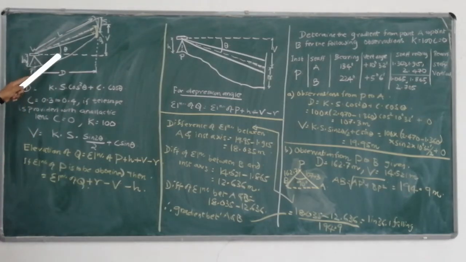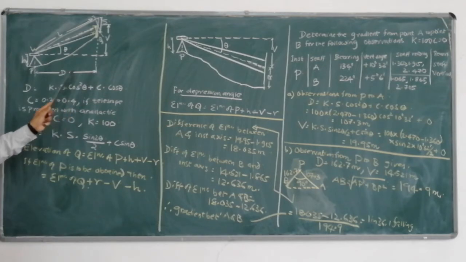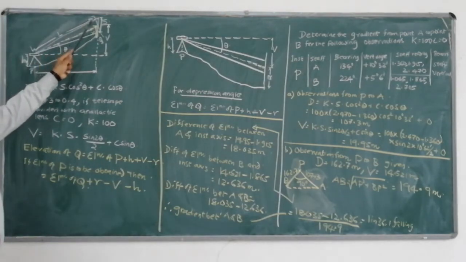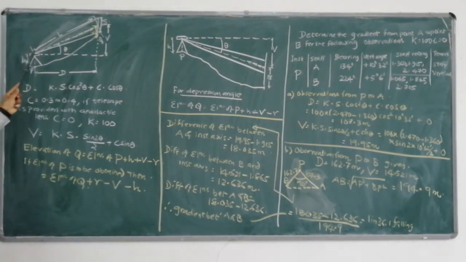Now, theta is the angle of elevation that we have obtained. From point P to point Q, the horizontal component is D. This horizontal component is what we use for carrying out plotting for preparation of maps. So that is D. Then the inclined component is L. Height of instrument is small h.